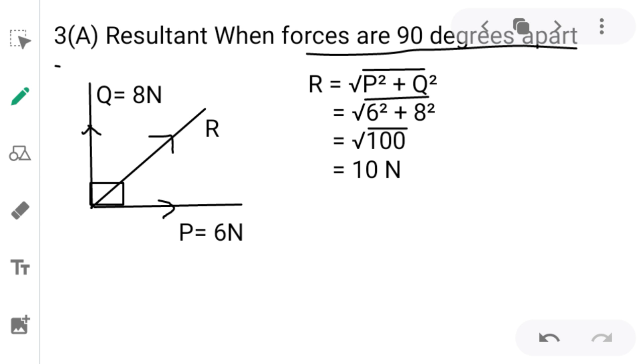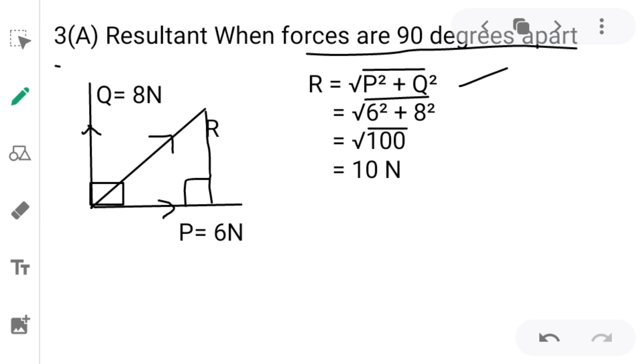This is just like the right angle triangle Pythagoras theorem. As this is 90 degrees, the resultant force becomes the hypotenuse. To find hypotenuse, we have the Pythagoras theorem: hypotenuse square equals sum of squares of the remaining two sides. That's what I have taken here.